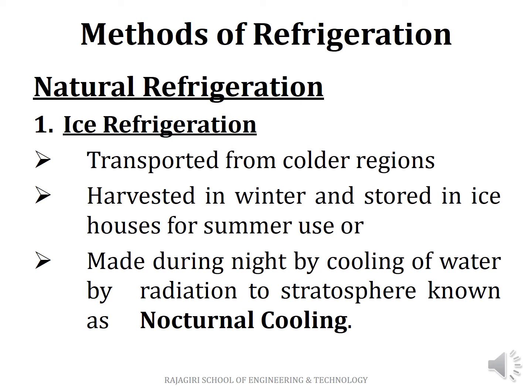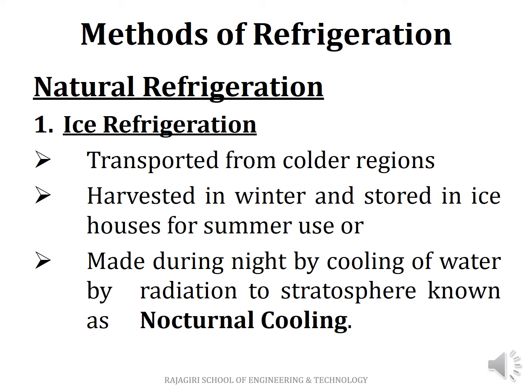The ice refrigeration is achieved by transporting the ice from colder regions, or the ice is harvested in winter from the colder region and stored in ice houses for summer use.